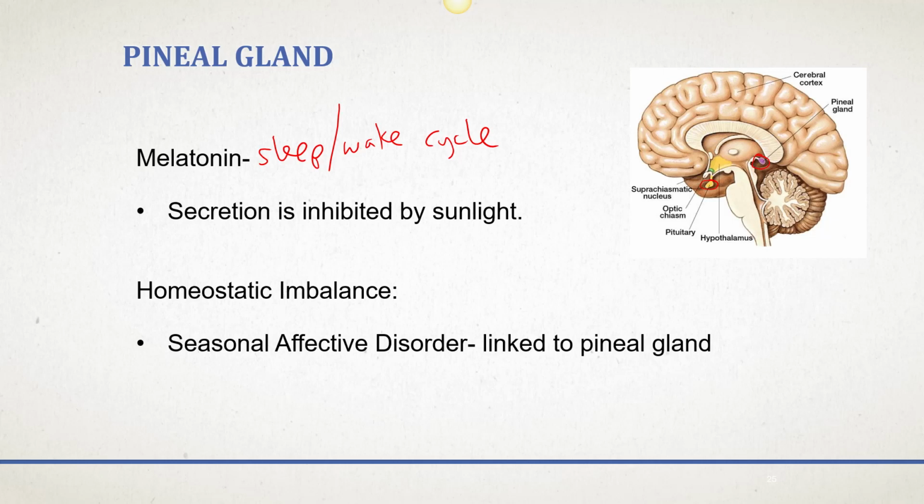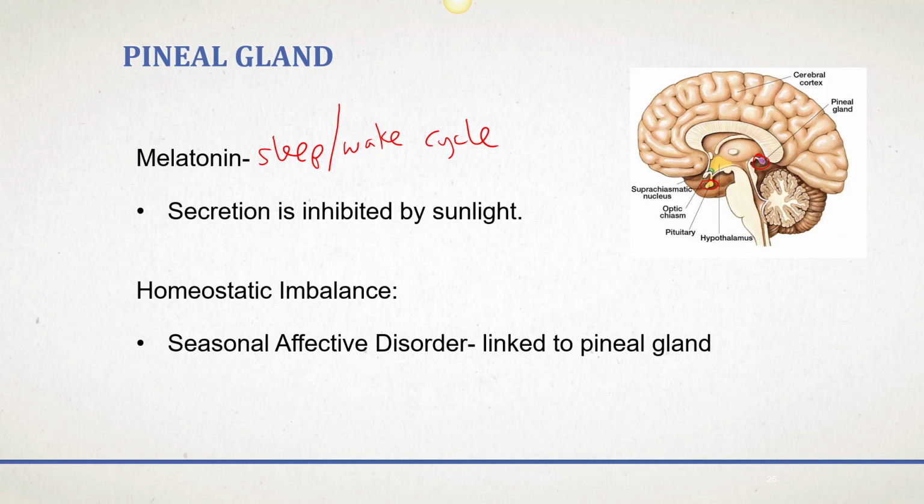The lowest levels are supposed to be in the bloodstream around noon. So for a normal diurnal person that's up during the day and sleeping at night and on a regular work schedule, the lowest levels are supposed to be at noon. Production of melatonin is inhibited by sunlight.